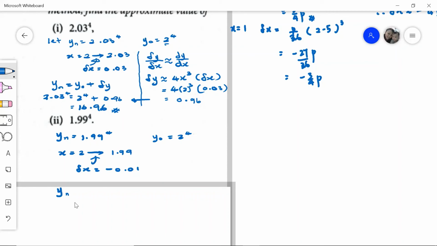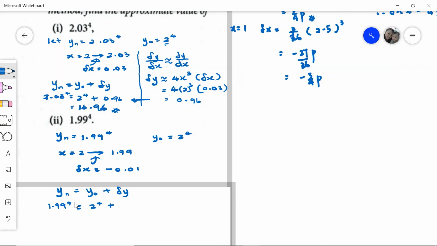So same thing goes to part 2. The new y is equivalent to the original y plus delta y. The new y that we are looking for is 1.99 to the power 4, which can be obtained by taking 2 to the power 4 plus the corresponding delta y.